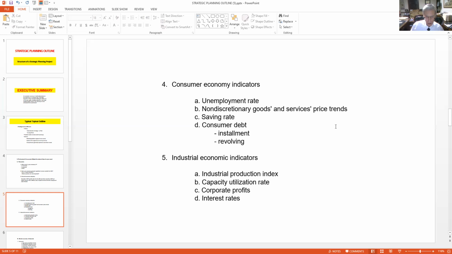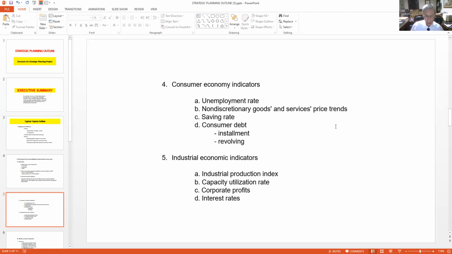It can either be the installment debt that is used to buy a home or a car, or revolving debt, like on your credit card that we use to make daily purchases and make payments monthly and keep on spending. Anyway, all of these are indications of what's going on in the consumer economy. There are others besides those, but I think that these are a good illustration of the sort of variables that you should be looking for.